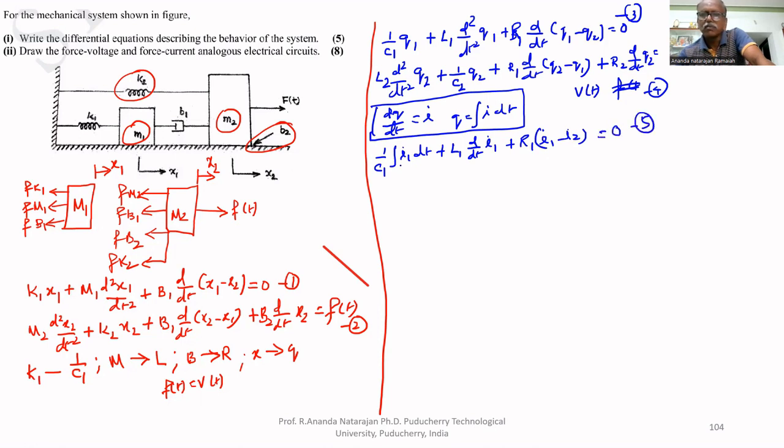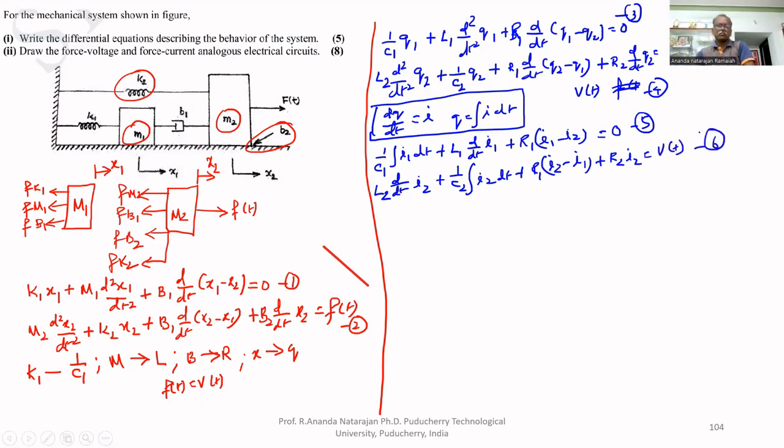This is the fifth equation. The fourth equation becomes L2 d by dt of I2 plus 1 by C2 integral of I2 dt plus R1 times (I2 minus I1) plus R2 I2 equal to V of t. This is the sixth equation. That's all.